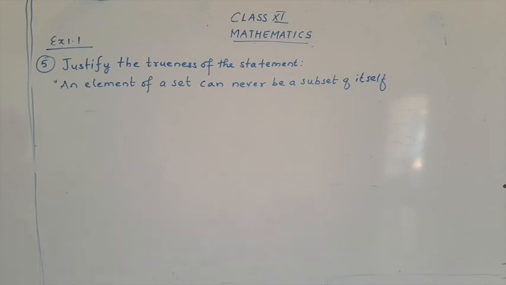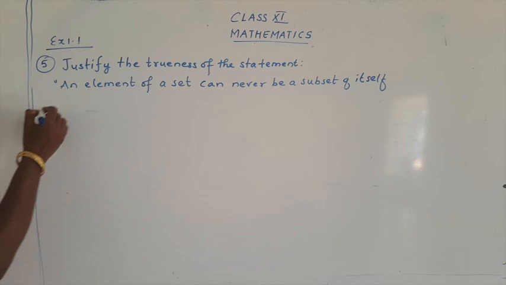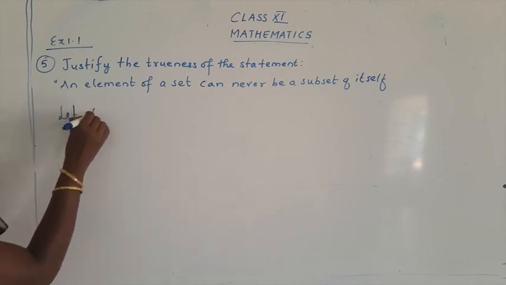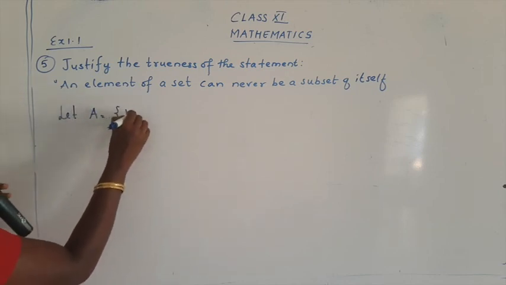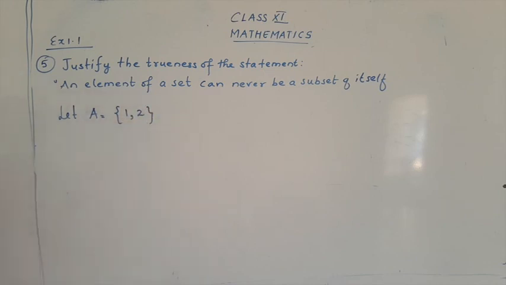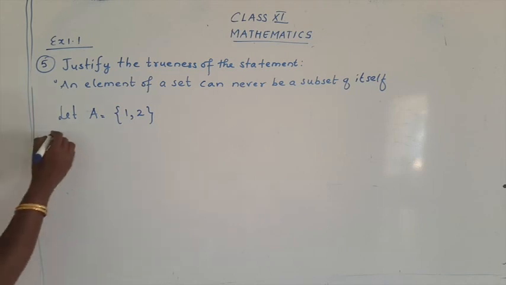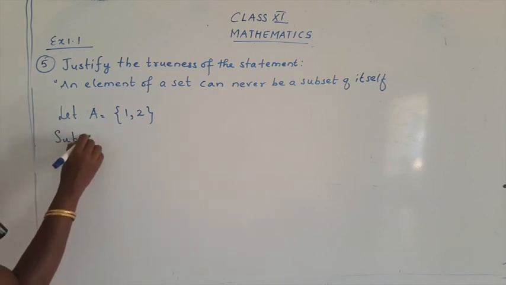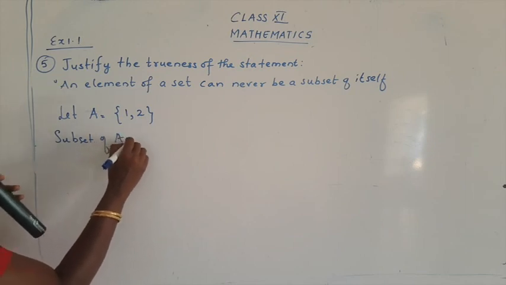So now let's justify the statement. We are going to take a simple set. Do not take more elements. I'll start with the set A. I'll just take it as 1, 2. So I have taken a set A, and the members of set A are 1 and 2. Now the next thing we are going to do is find the subsets of A. So what are the subsets of A?